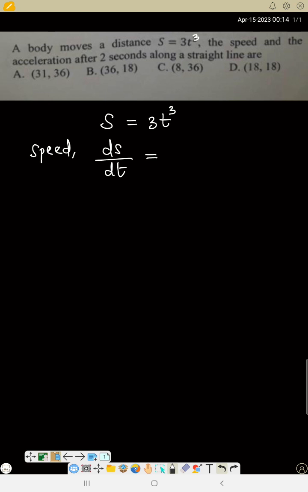So now if it is 3t cubed, you have 3 times 3, 9, so this will be 9t squared. So remember, you multiply and subtract 1. So at t equals 2, after 2 seconds, ds/dt equals 9(2²).